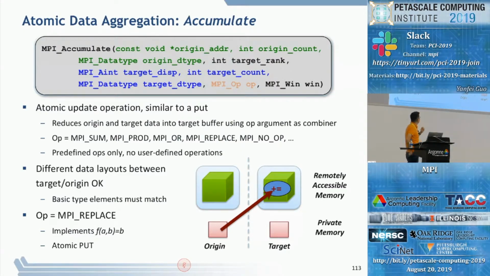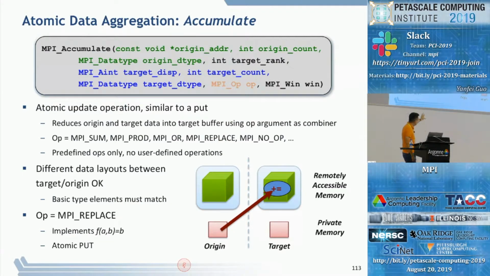Okay, for this one, the basic type elements of these operations have to match. And apart from that, we also have a special operation called MPI replace. The effect of using MPI replace is essentially an atomic put.